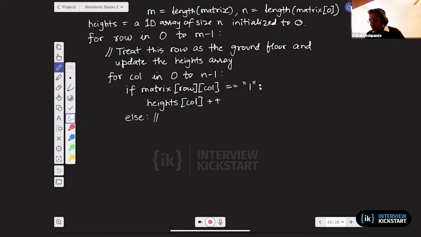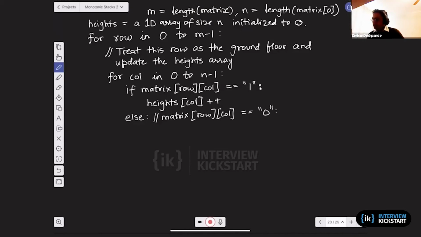Otherwise it means there is a 0 there. What do you do if it's a 0 there? That means there is no building at that location. So we will set the column to be 0. You can say, well, why is this necessary? If there's no building there, maybe there was never any building there.